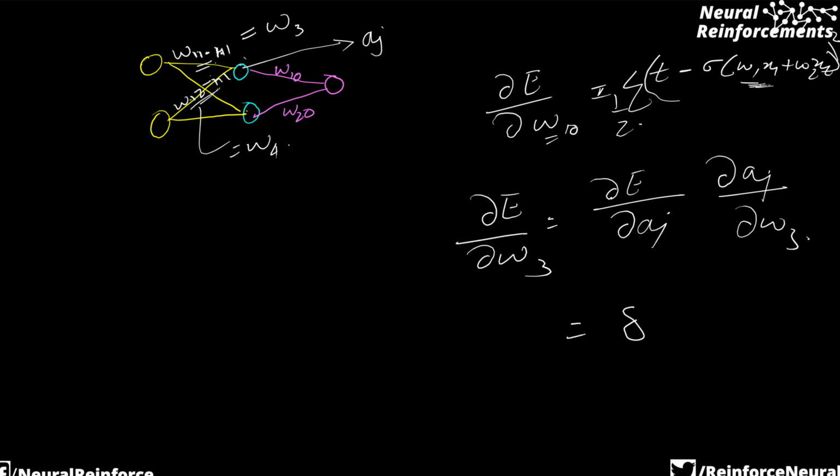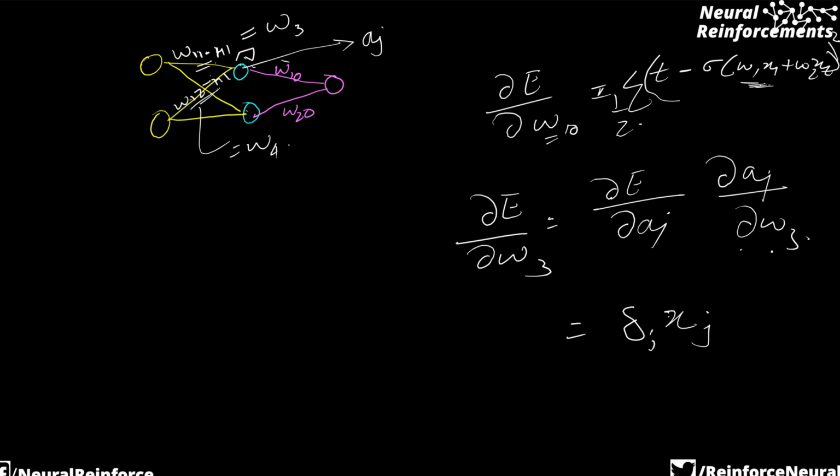Now this delta corresponds to this output minus this input, the output of this and the input of these, into our final xj.